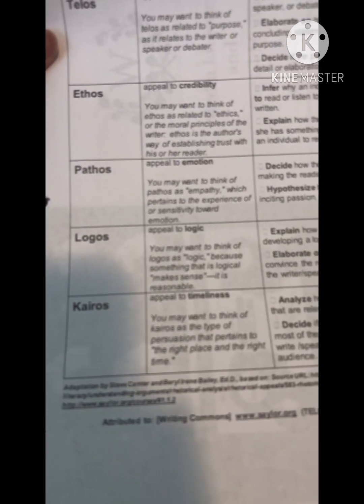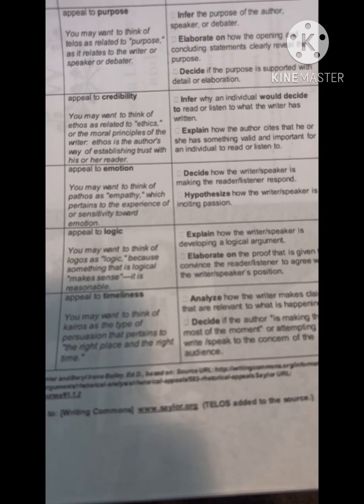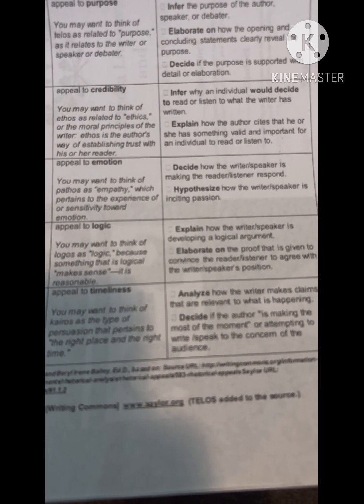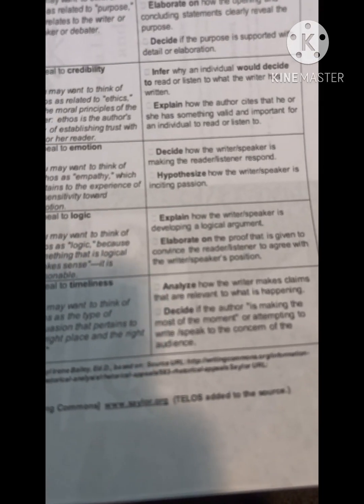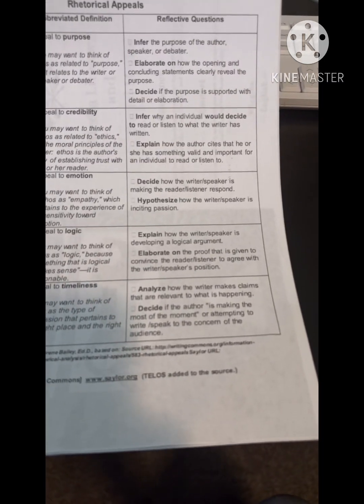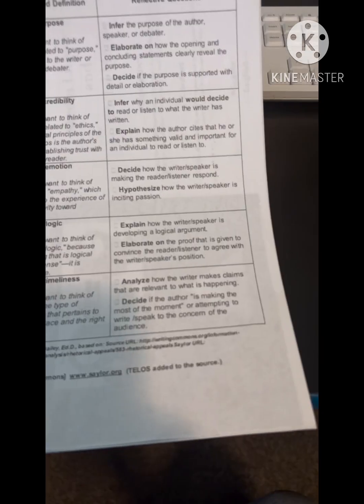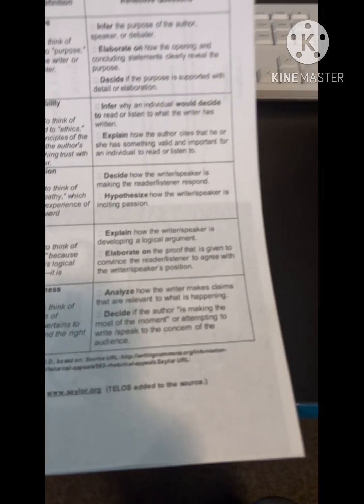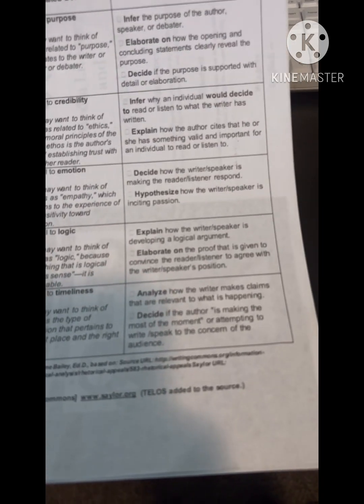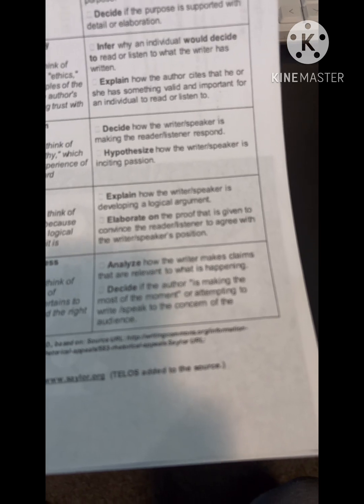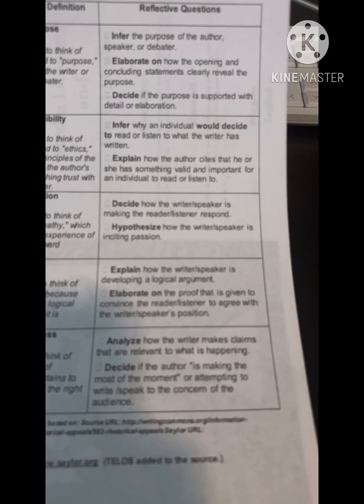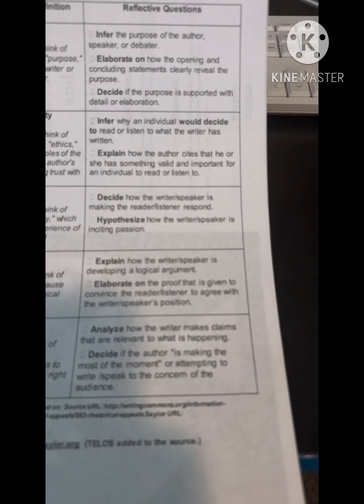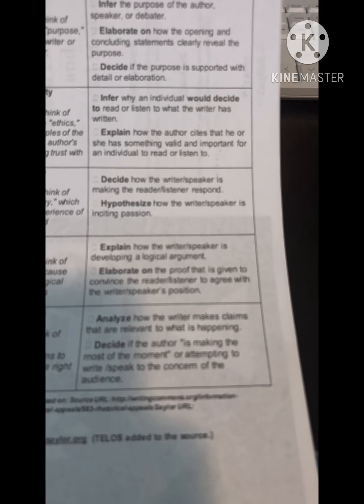And then for pathos, we have appeal to emotion. You may want to think of pathos as empathy, which pertains to the experience of sensitivity towards emotion. And then for the reflective question, we have decide how the writer or speaker is making the reader or listener respond. And then we have, I've emphasized how the reader or speaker is inciting passion.